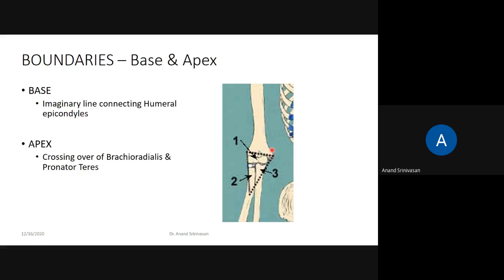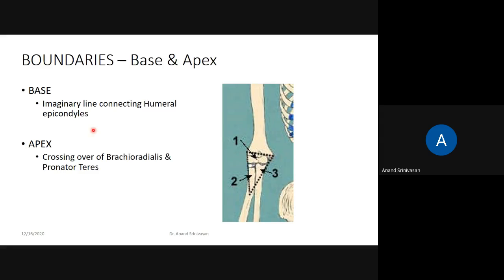And the base is an imaginary line joining the epicondyles, the medial and the lateral epicondyle of the humerus. Okay, the epicondyles are located above the condyles of the humerus.